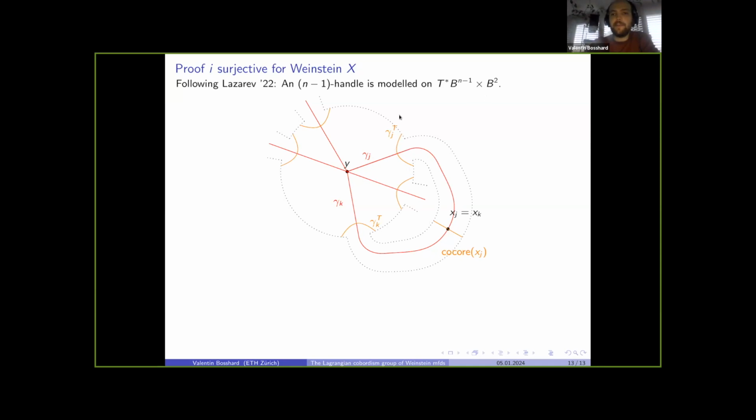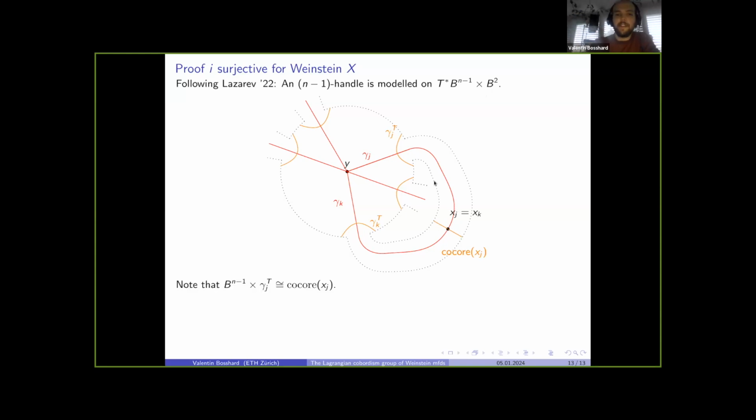So in B2, it's just the arcs that connect the different parts of this Weinstein manifold. So if you look closely, you can see that this Lagrangian submanifold, you can just move it along this part to be actually the co-core.